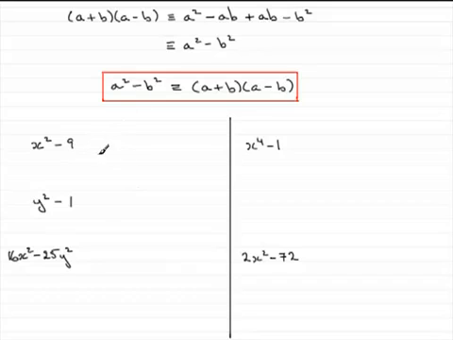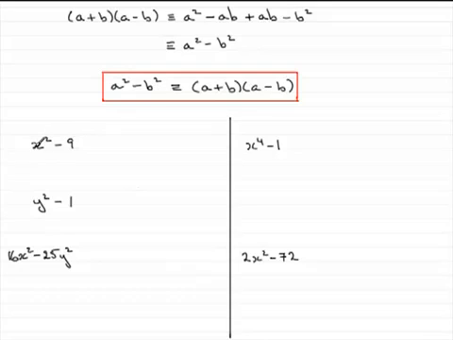Now you might like to pause the video and try these examples if you feel that you'd like some revision, but I do warn you these last two are a little bit more involved. Anyway, let us just work through these. This first one, a very basic one, follows this pattern.